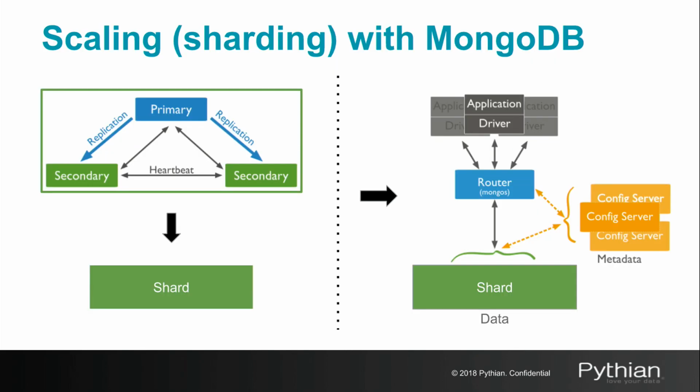Scaling with MongoDB, also called sharding, is where you split the data horizontally across multiple shards. As we already discussed about replica sets, and this is very important to keep in mind when sharding, each shard in a MongoDB sharded cluster should represent a replica set.